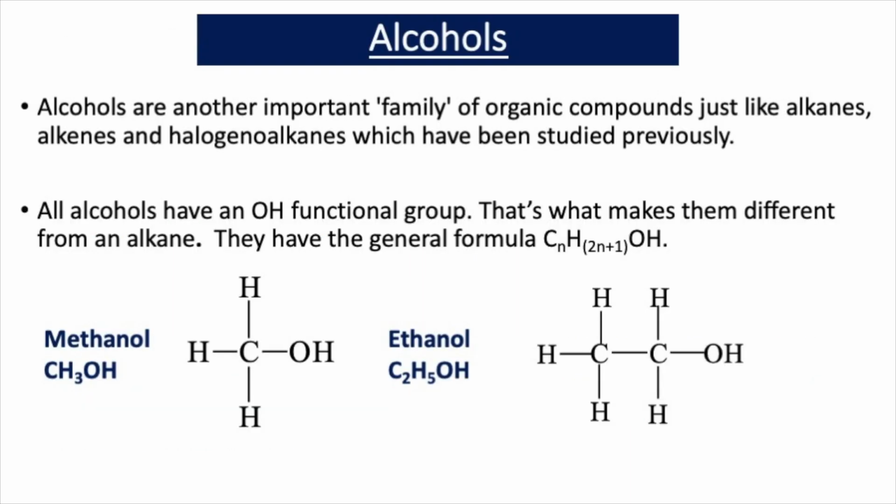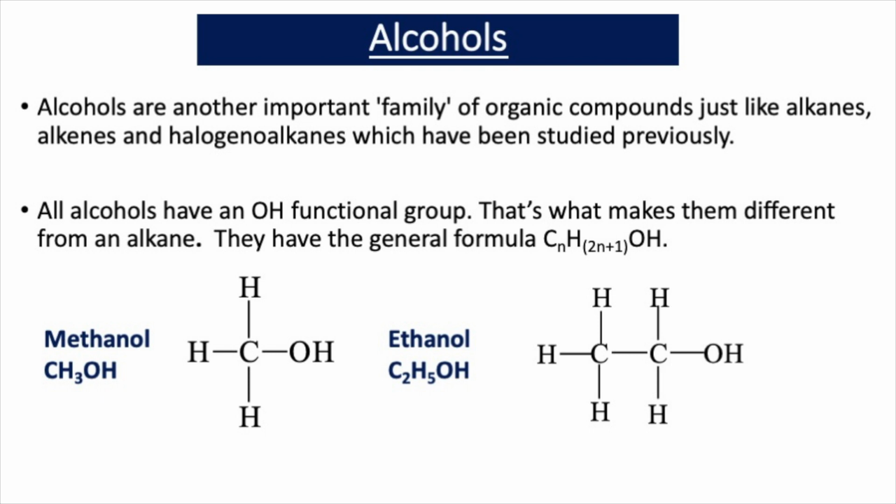Now, in our last video lesson, we introduced the homologous series alcohols and we learned how to name an alcohol. We also learnt how to classify an alcohol and we learnt the uses of alcohols. Alcohols have an OH functional group, and a functional group is the part of a molecule that determines its chemical reactions.